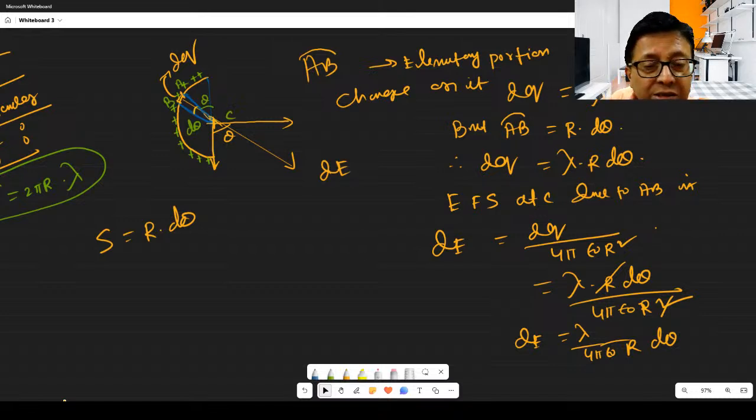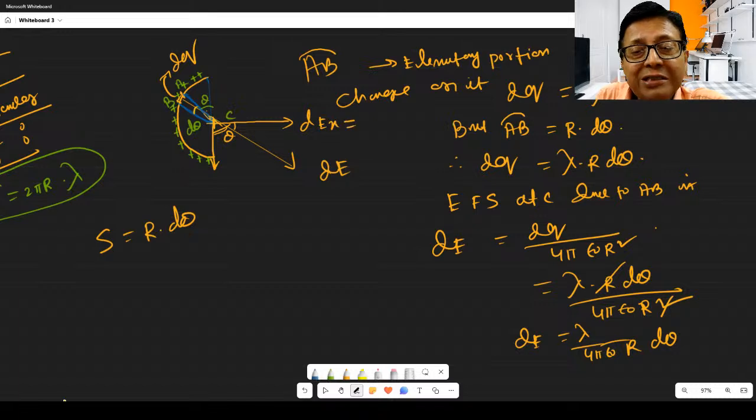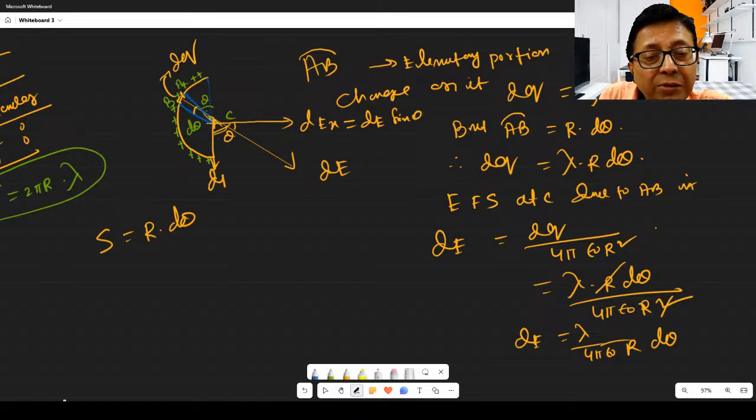Take once. This is theta, so vertically opposite means this one theta, and this is 90 minus theta. So dE is there, horizontal, and this one dE cos theta.